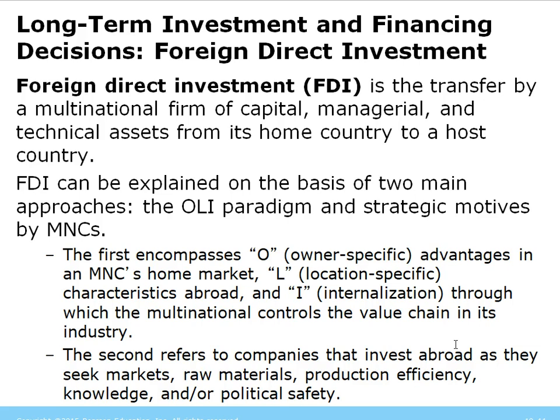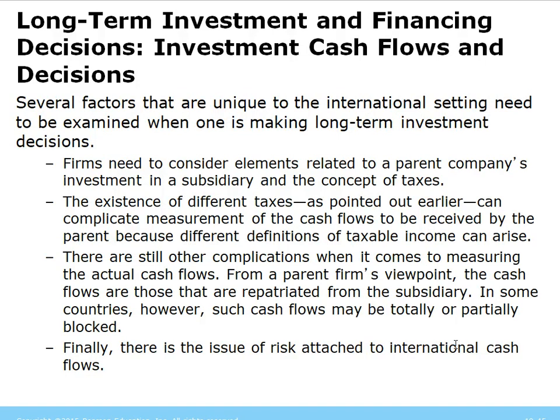So a lot of times the diversification of investing throughout the world helps to lower the risks of the company in general. Now, there are other factors that are unique to international settings that need to be examined when one is making a long-term investment decision, say building a second headquarters in a foreign country or a second production plant.